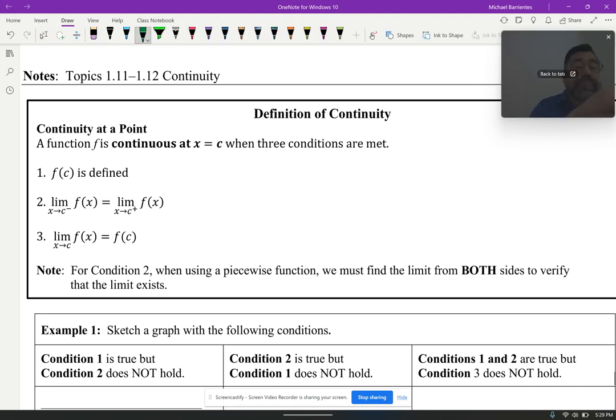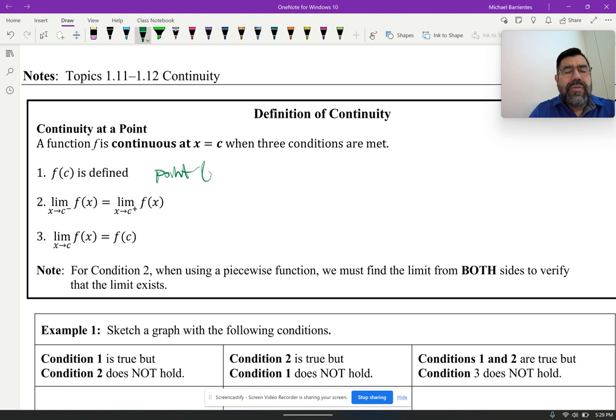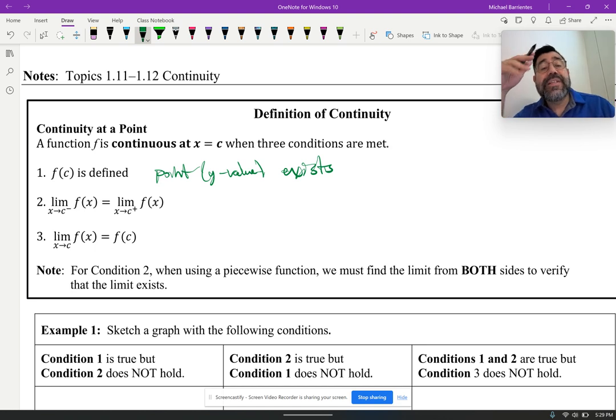Number one, is f of c defined? In other words, the point, the y value exists. That's what that means. F of c is defined means there's an output, right? Second condition, if the limit of the function as x approaches c from the left is equal to the limit of the function as x approaches c from the right.